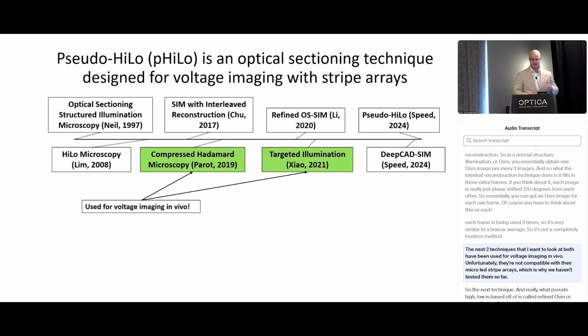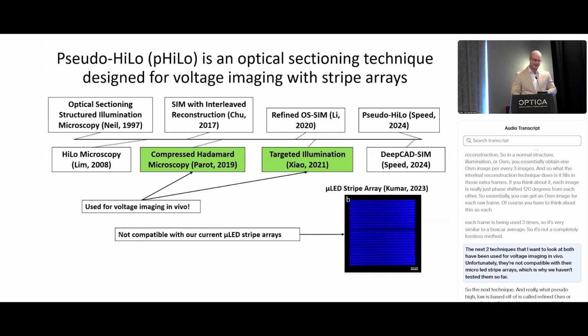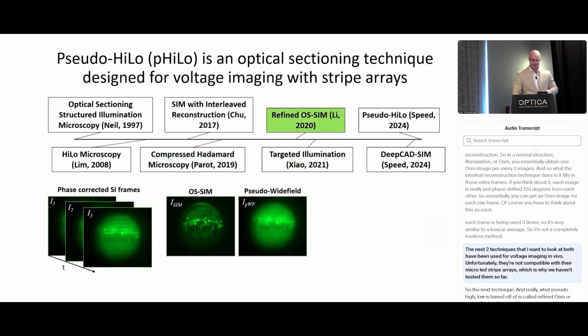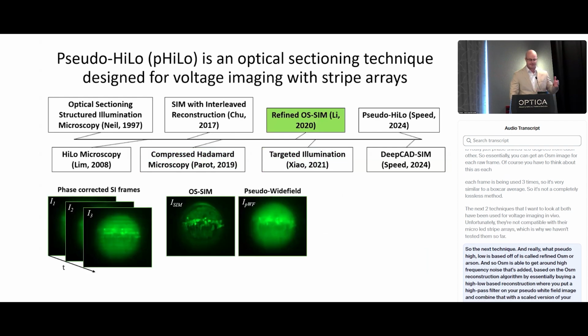The next 2 techniques that I want to look at both have been used for voltage imaging in vivo. Unfortunately, they're not compatible with our micro-LED stripe arrays, which is why we haven't tested them so far. The next technique, and what pseudo-HiLo is based off of, is called refined OSM or RSIM.